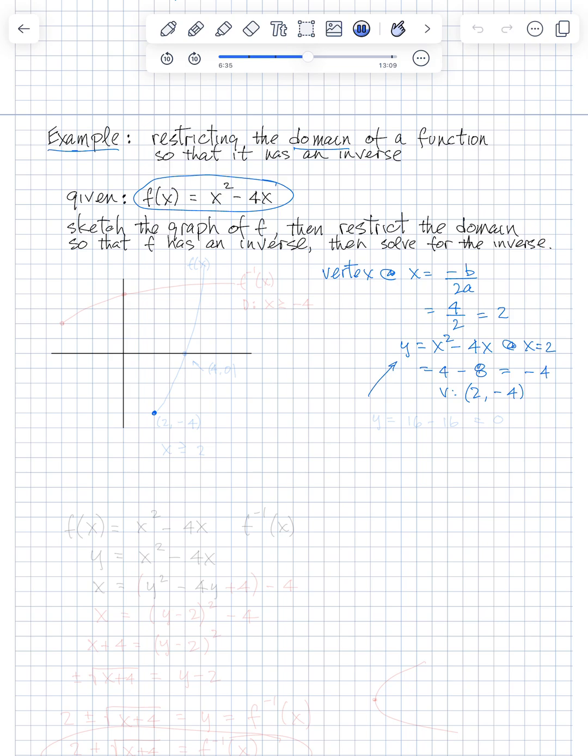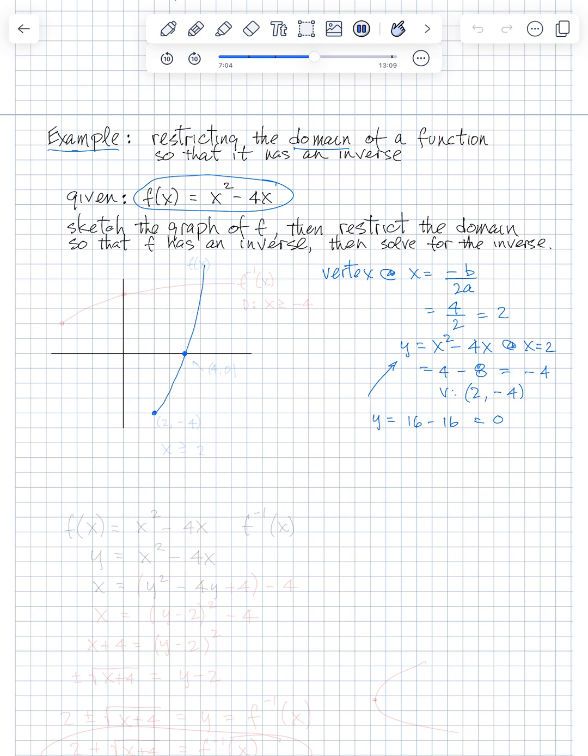So when x is 4, we have y equals 4 squared, which is 16, minus 4 times 4, 16. So (4, 0) is a point on the curve. And I'm just going to sketch this. This parabola will start out here, and it's going to go something like this.